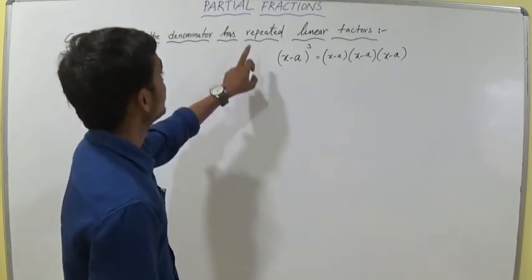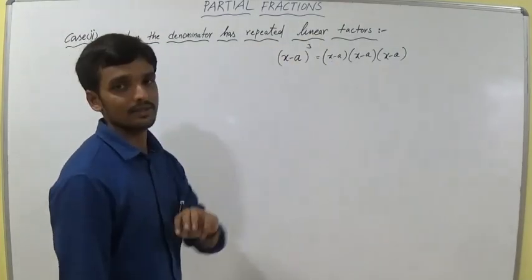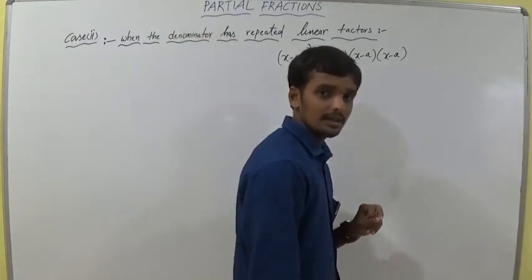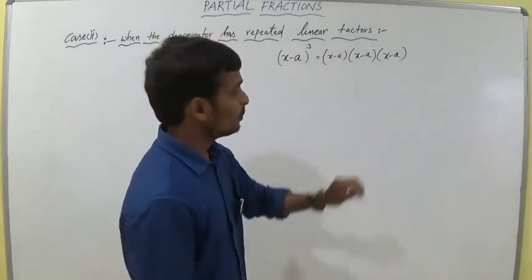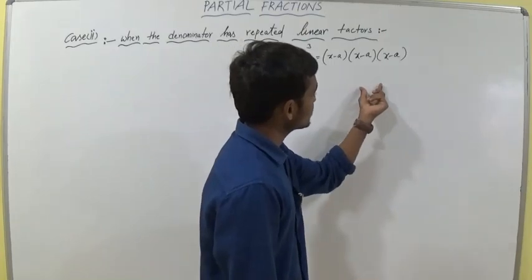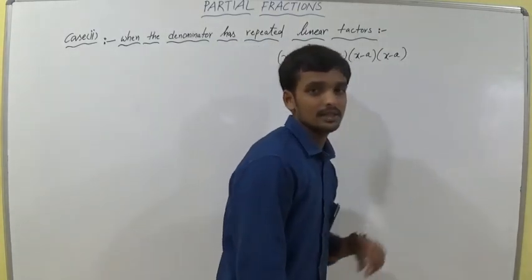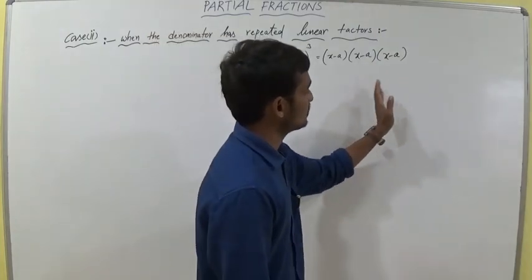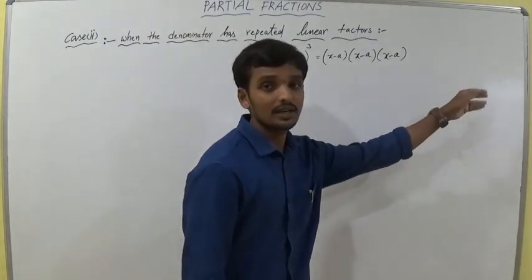That's why we call them repeated linear factors. If the power is 2, we write x minus a into x minus a. If it is 4, we write x minus a four times. If it is 10, we write x minus a ten times.